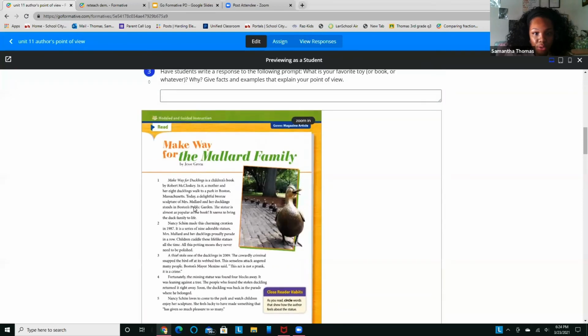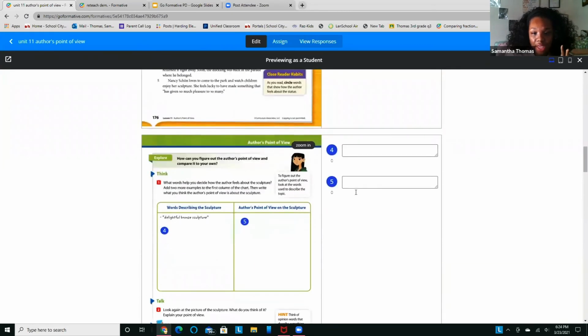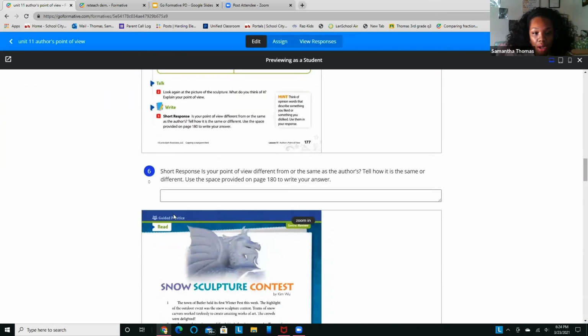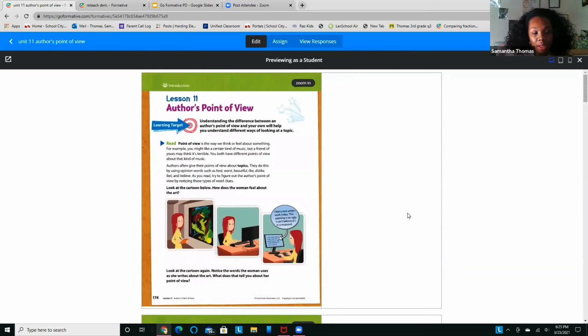And again, you can see where I turned this into a picture, so they can see how to answer a graphic organizer and an open response question. I think this was an old one where we were actually in school.